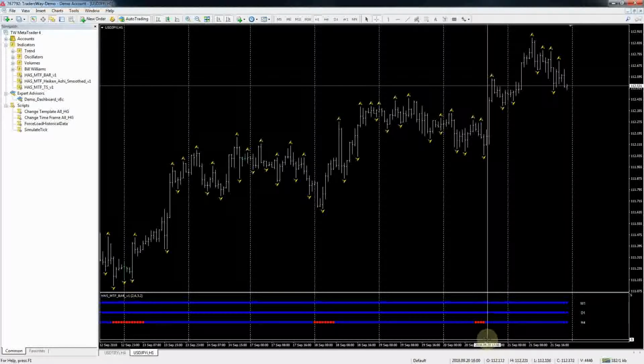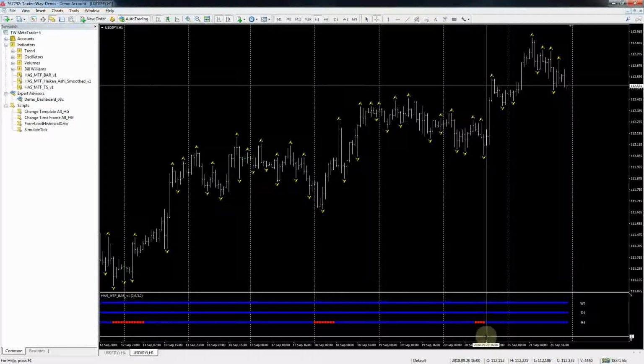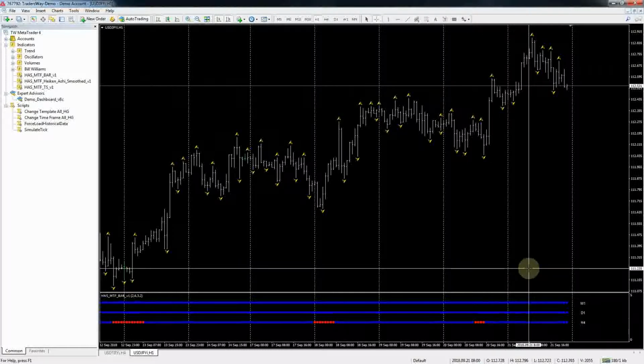So just remember that if it's confirmed, it means it's closed. If it's not confirmed, it means it'll signal on this one here, and it could get you into a false trade. So just kind of remember that. Okay, so that's the bar chart.